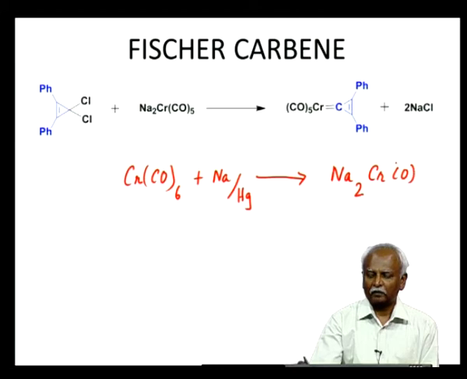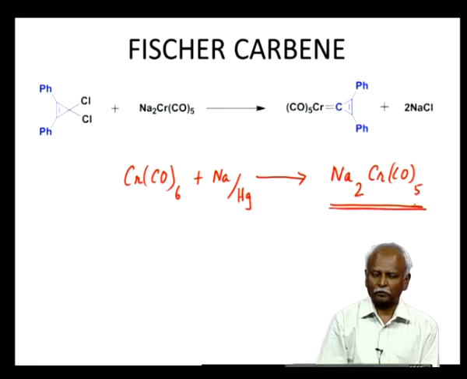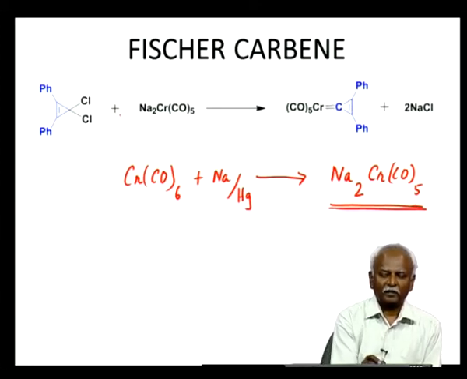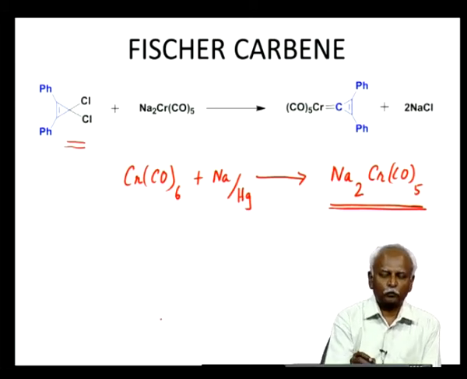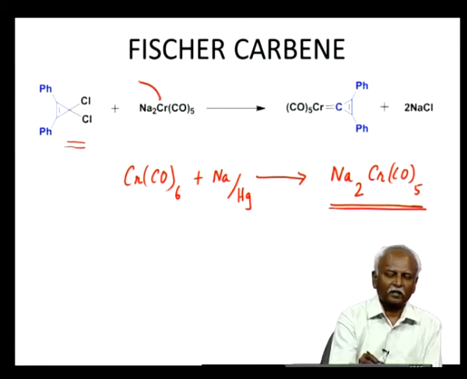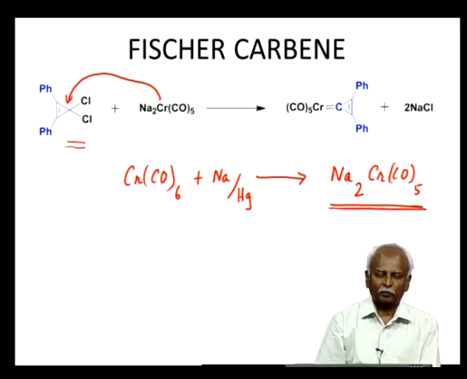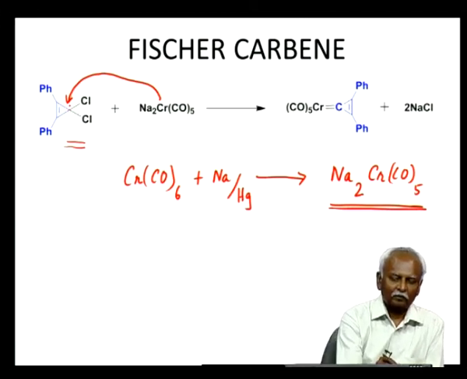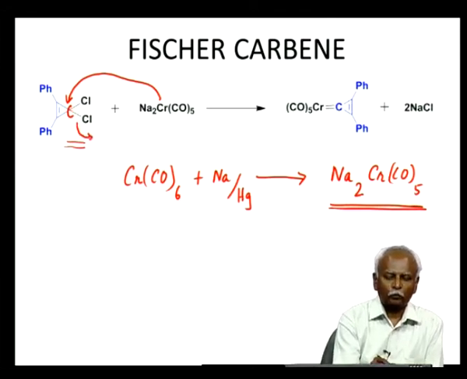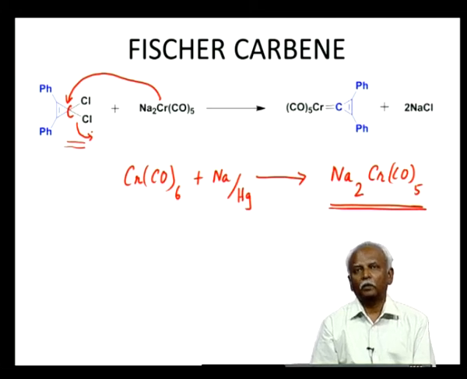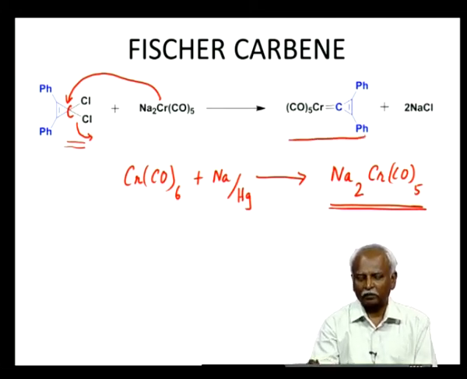Na2CrCO5, and this salt is extremely nucleophilic, and it can carry out nucleophilic attacks on a carbon center which bears 2 chlorine atoms here. So, if you do a nucleophilic substitution using the electron density present on chromium, and make an attack on this carbon, this cyclic looking carbon, then you can remove the 2 chlorines successively to form a carbene complex, which is pictured here.